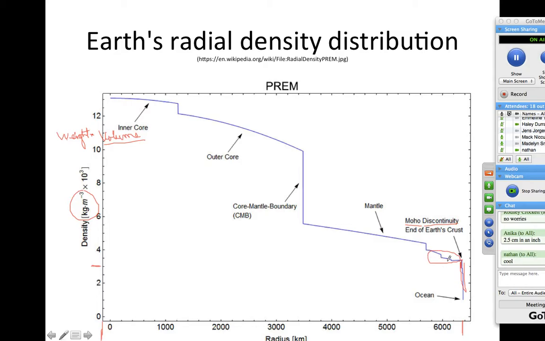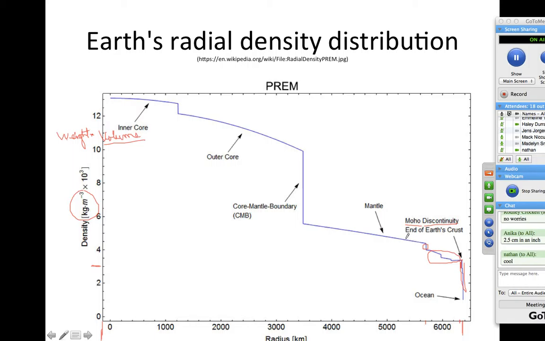And so this part here is the crust, the density of the crust and the depth of the crust. The depth of the crust goes from about right here all the way to this area, all right? And then you see there's another discontinuity, another jump between the crust and the mantle.